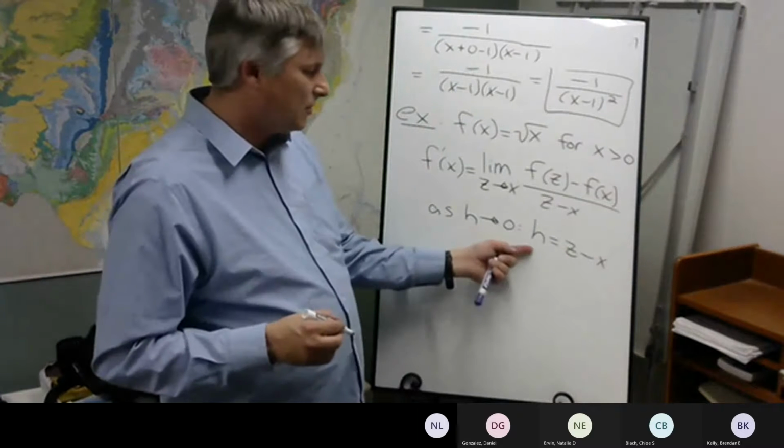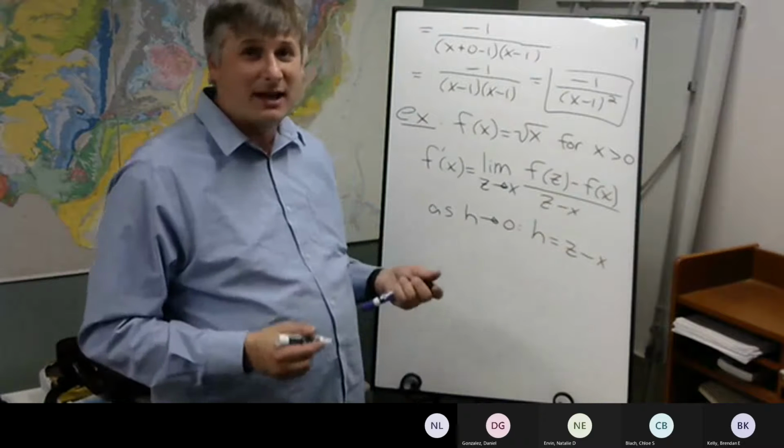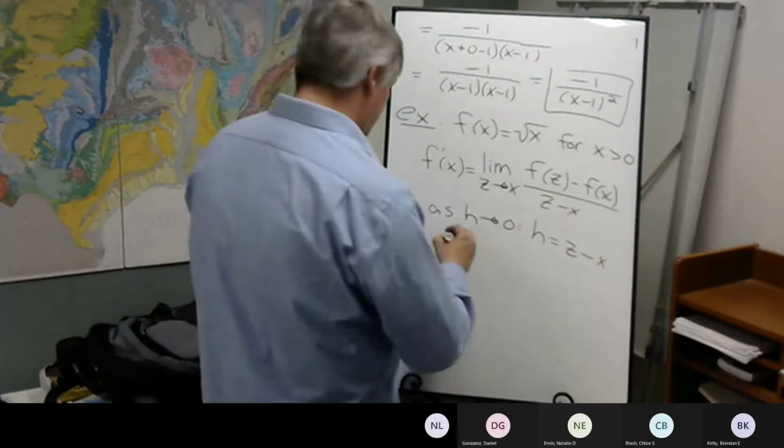So if h is going to 0, that's going to mean z minus x has to go to 0.